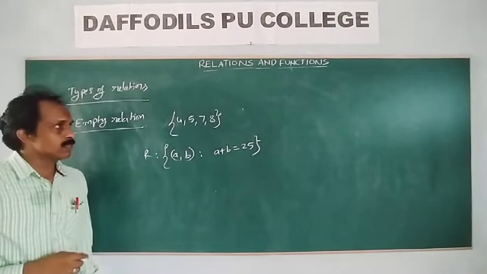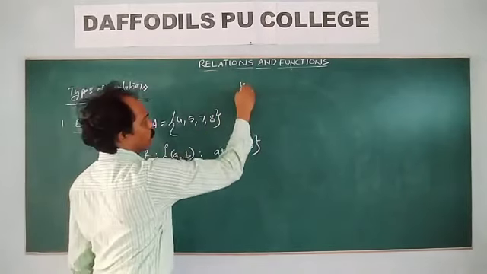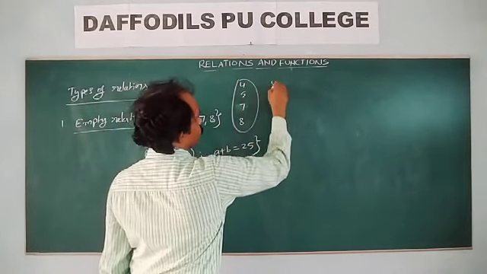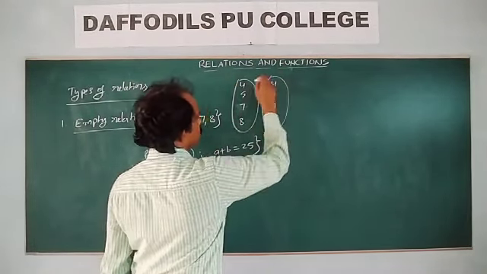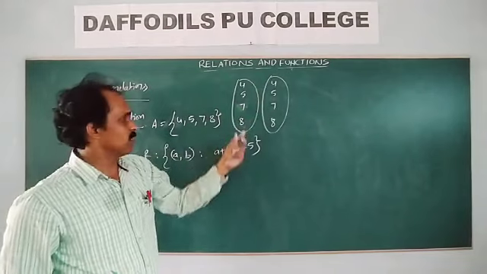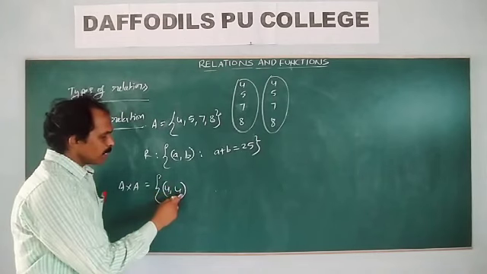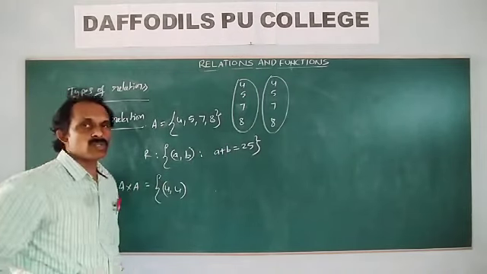Let this be A cross A, which is 4, 5, 7, 8 with the same. So what are the pairs? (4,4), (4,5), (4,7), (4,8). With 4: 4 plus 4 is 8, 4 plus 5 is 9, 4 plus 7 is 11, 4 plus 8 is 12, not equal to 25.